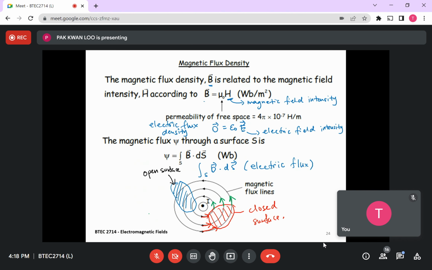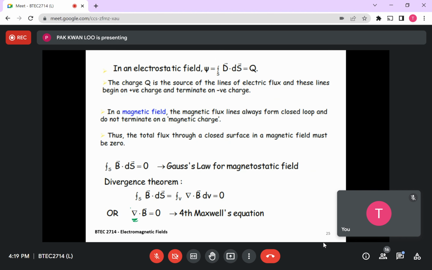But the magnetic field is always circulating around, so it won't diverge like the electric field. For the electric field, the field is always out from positive charge and always in toward negative charge. So positive charge is always diverging and negative charge is always converging. Therefore, this forms the fourth Maxwell equation.